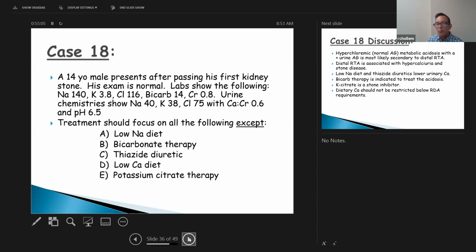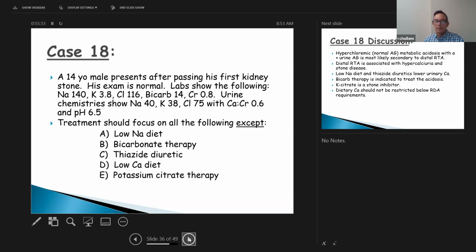And then you'd say, okay, well, which RTA is associated with hypercalciuria? Because only one of them is. Type 1. So distal RTA goes with calcium.